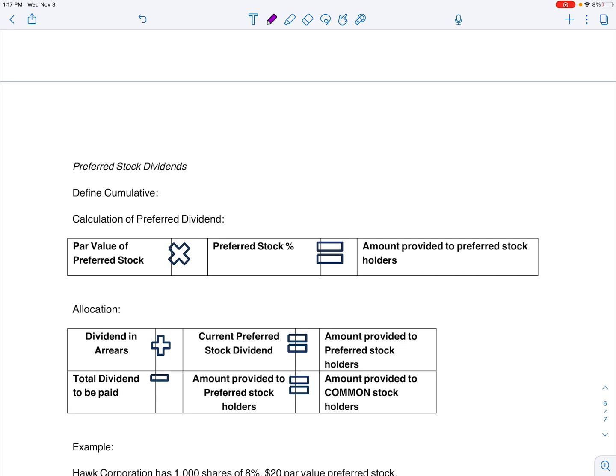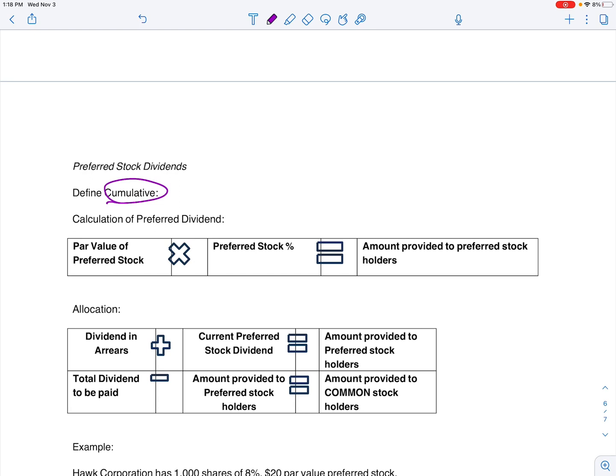Now here is the difference between preferred stock and common stock. Preferred stock gets the first shot at those dividends. It depends if they're cumulative or non-cumulative. Cumulative means that they are going to accrue over time if not paid.